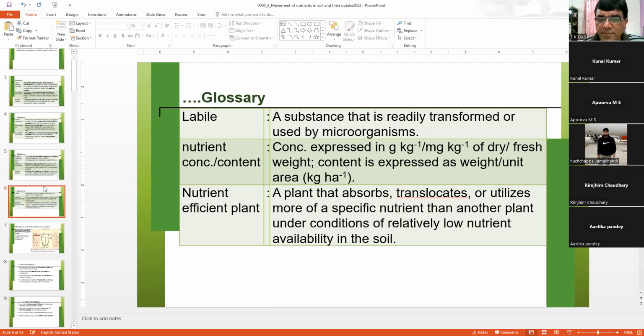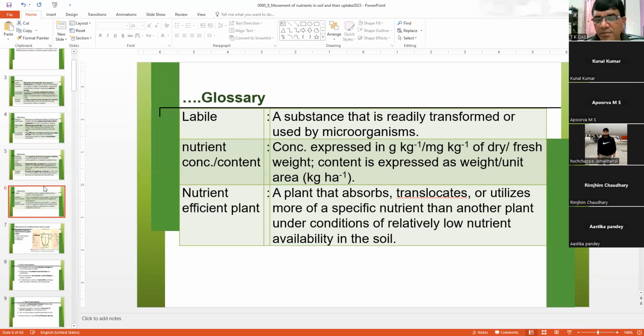And when it is weight by unit area, then it is content. So it is better to write nitrogen concentration in plant than nitrogen content in plant. This is the difference between concentration and content. For nutrients, we should always write concentration, not the word content.